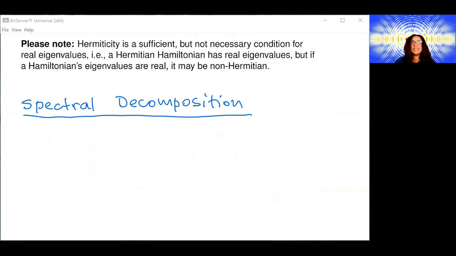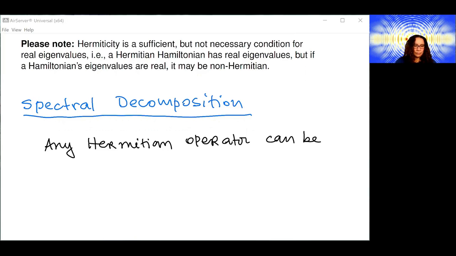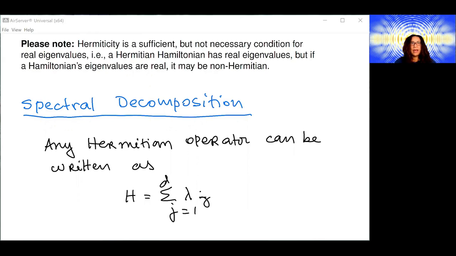Spectral decomposition states that any Hermitian operator can be written as H equals the sum from j equals 1 to D of lambda j, |ψj⟩⟨ψj|.